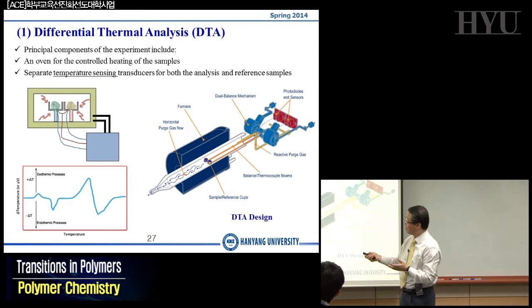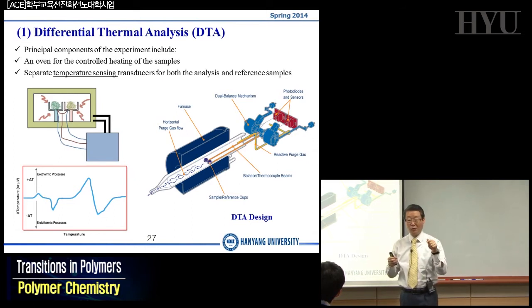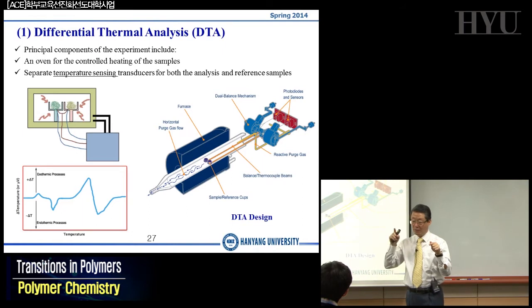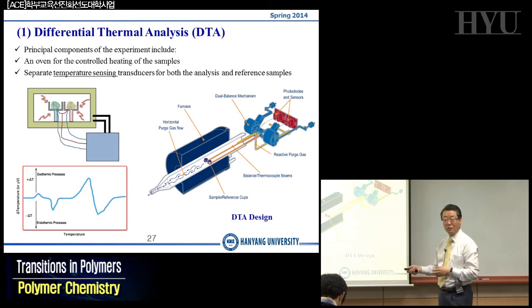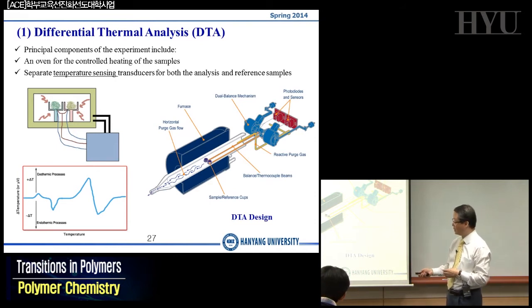In that case, the reference pan detects the temperature, and this controller will apply heat to balance the temperature between the sample pan and the reference pan. And this way, I think they can detect the exothermic reactions and the endothermic reactions.